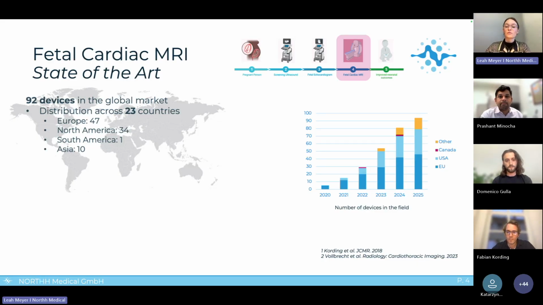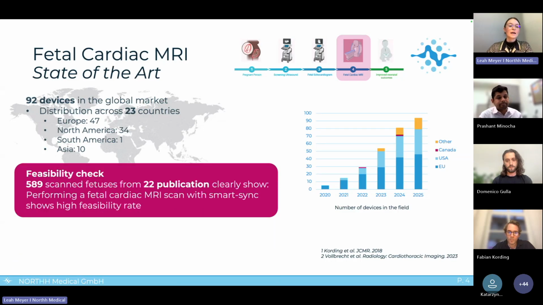And with an increased number of devices in the market, there's also an increase of scan activity.